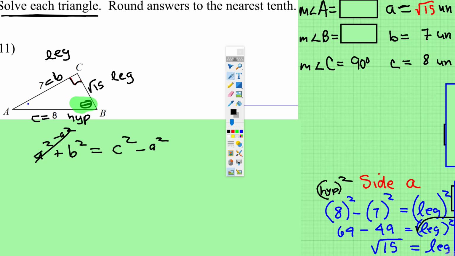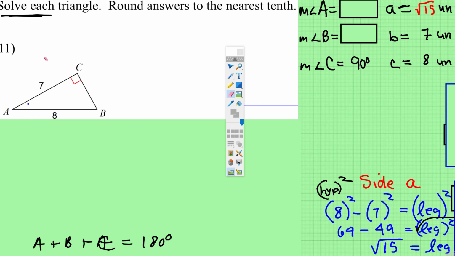But once we know this angle, then we can just use the triangle sum theorem, where the three angles, angle A plus angle B plus angle C, add up to 180 degrees. So once you know this angle, 180 subtract 90 subtract this will give us that third. So let's see. Well, I can go ahead and put that this is.